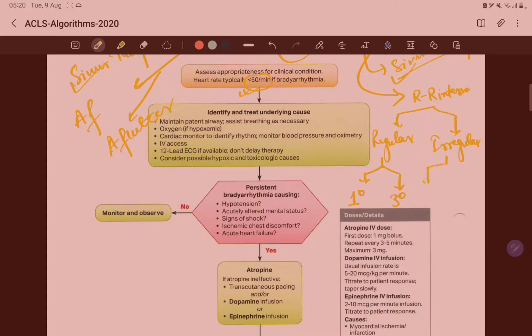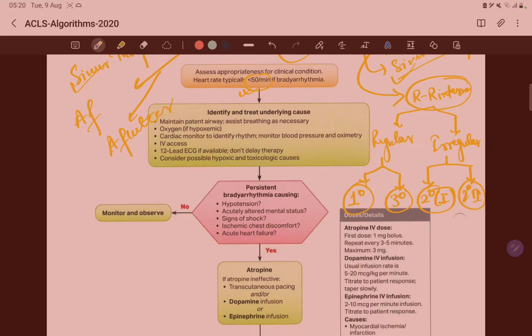If it is irregular, it may be second degree type 1, that is Wenckebach, or second degree type 2.